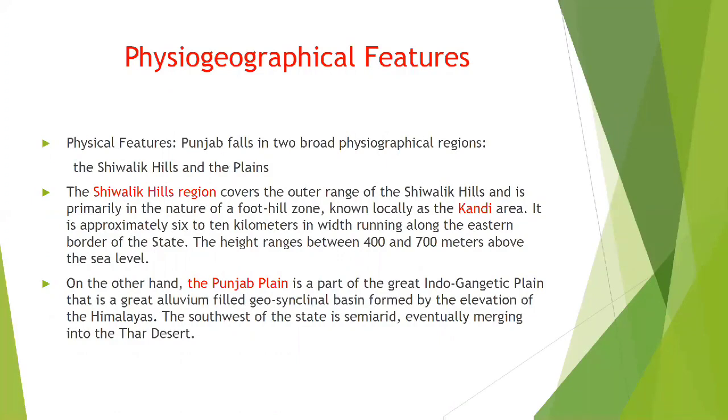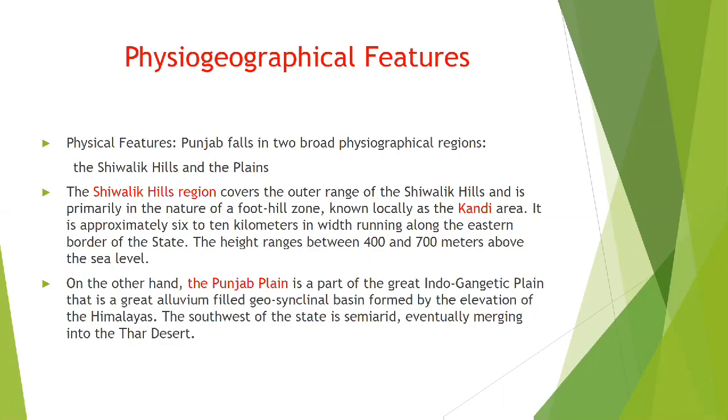Now we come to the physiogeographical features of Punjab. Punjab falls basically into two broad physiogeographical regions, the Shivalik Hills and the plains. The Shivalik Hills are called the Kandi area in Punjabi, in local languages, and the plains are called Bait area mainly.